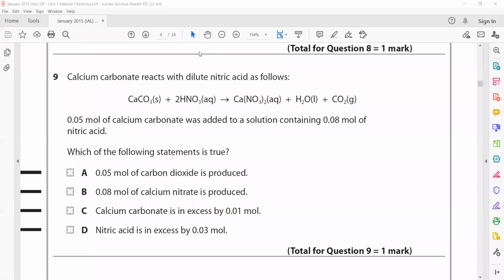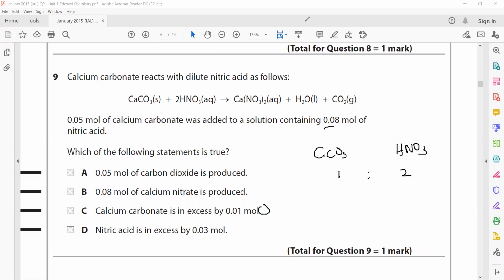Calcium carbonate reacts with nitric acid. 0.05 moles of calcium carbonate was added to 0.08 moles of nitric acid. So which of the following, 0.05 moles of carbon dioxide, how can we work it out? First, when both reactants are given, we should know which one is the limiting reagent. So 1:2 is the ratio.